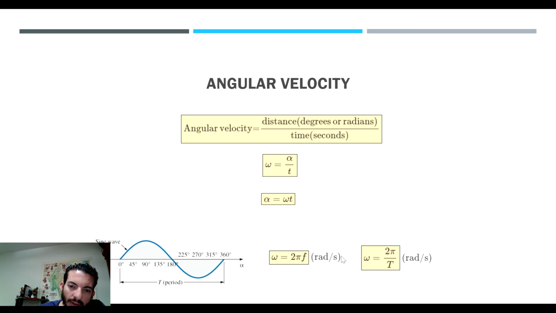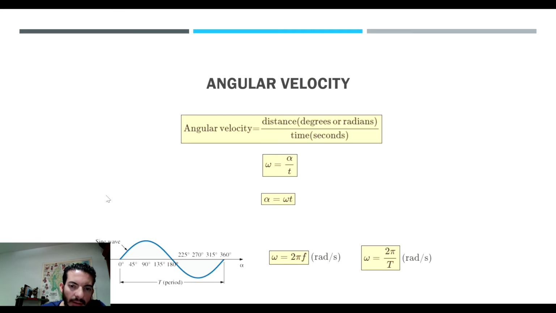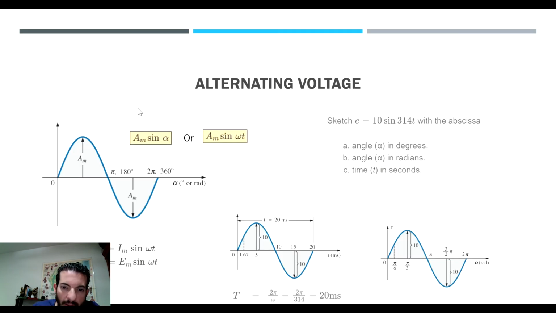So 314 radians per second is giving me... oh, I see, I am doing omega equals 2 pi divided by the period. This is what I'm doing here. Okay, now I get it. Sorry, I got confused. So let's do this again.